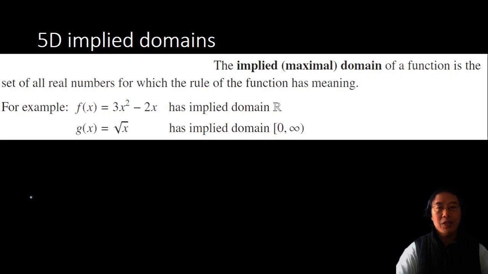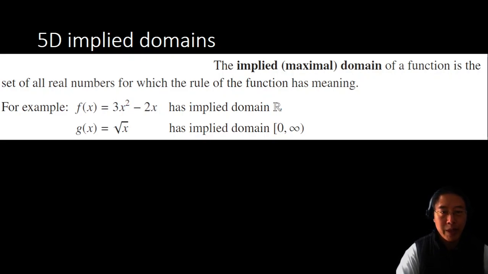Alright, last bit with 5D, implied domains. We've seen that previously. So the implied or maximal domain of a function is the set of all real numbers, usually related to the x variable, for which the rule of the function has meaning. So that x variable, which is our independent variable, or the variable on the horizontal axis, here it's a polynomial or quadratic.